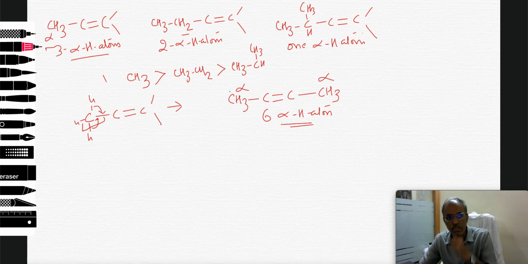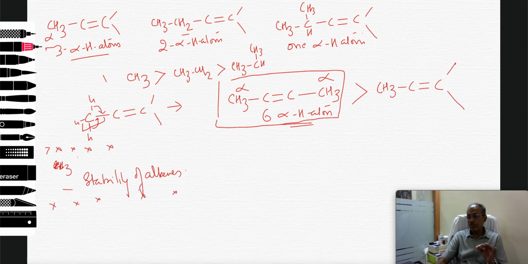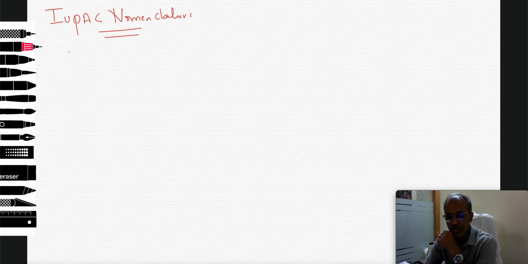So this will be more stable, because the more the conjugating structures, the more the stability. That means more delocalization of electrons. So can I say this is more stable than CH3 C double bond C?